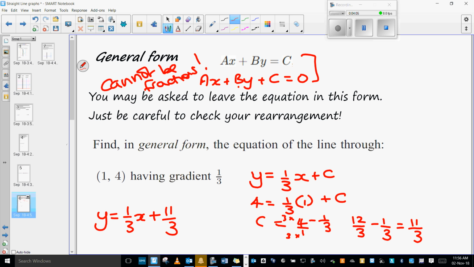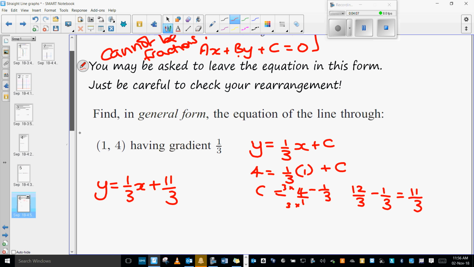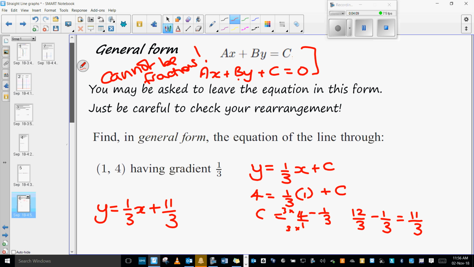So we're going to have to say to ourselves, what do we have to do to this equation to eliminate any of our fractions? You will usually find that you just need to multiply by one value. Sometimes you may have to do it in a couple of stages, but usually just multiplying by one thing will get rid of your fractions.